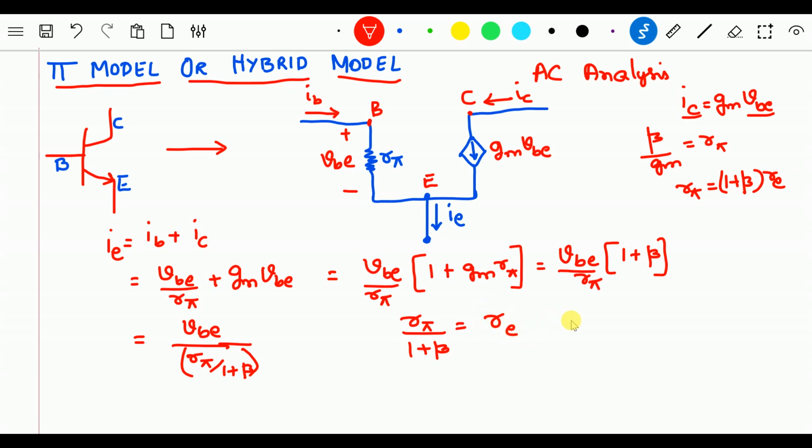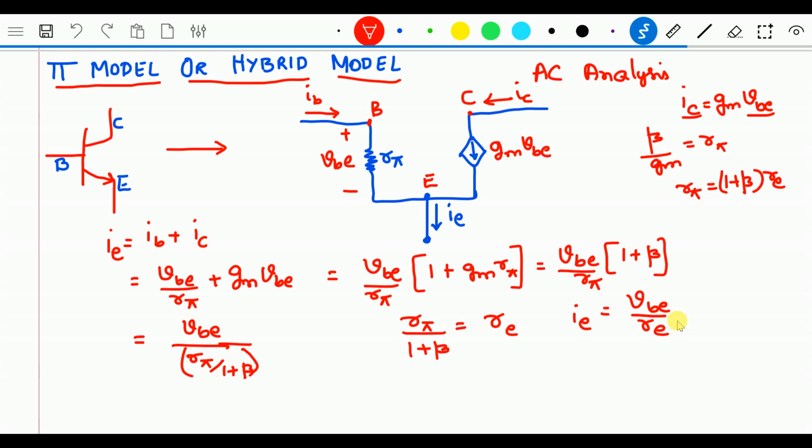Therefore, finally, my IE equals VB divided by RE. This is how we generate IE in terms of VB by RE, even in the pi model when it is considered.